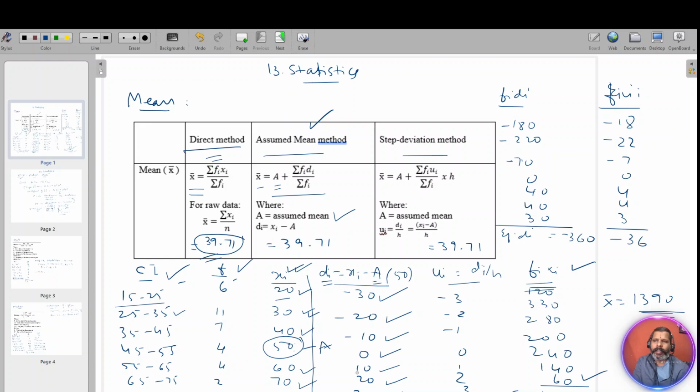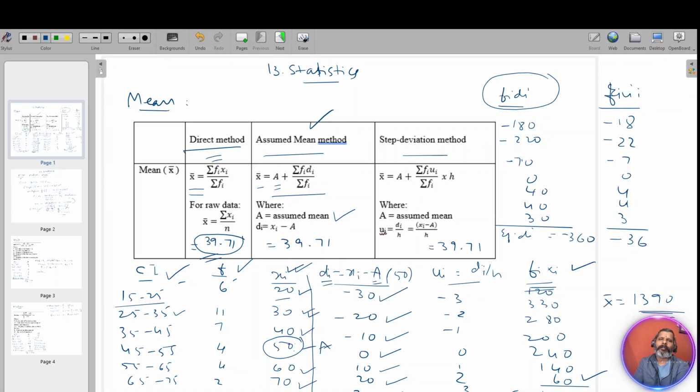Once you have d here, in the assumed mean method, this column comes because the formula says a plus sigma fi di by sigma fi. So you have got di here, multiply it with the fi column, and you get the fi di column.